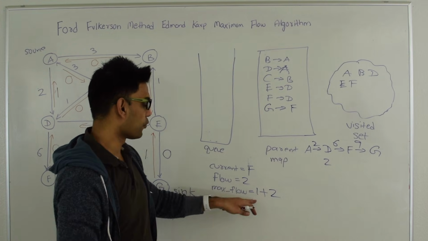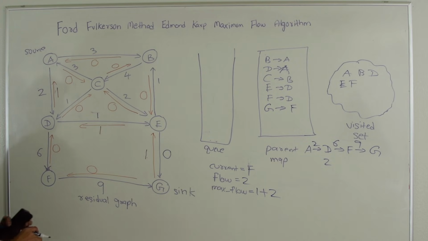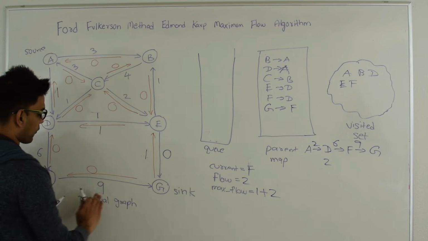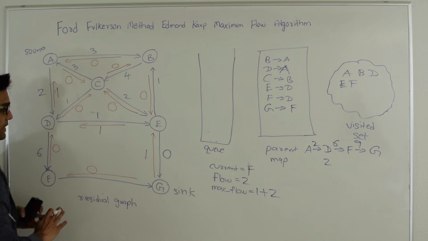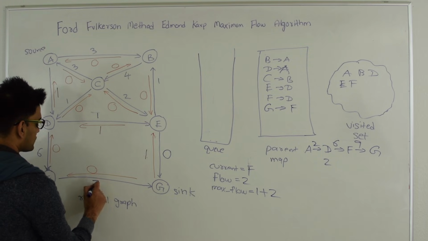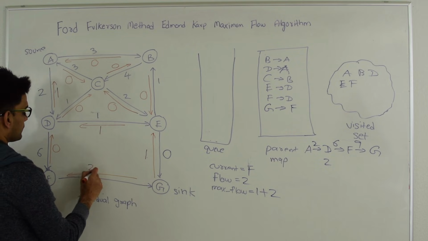So till now we have found 1 plus 2, 3 maximum flow. Also what we're going to do is subtract this flow in this direction and add it in the opposite direction. So 9 now becomes 9 minus 2, 7. So the residual capacity in this direction becomes 7, and the residual capacity in the opposite direction becomes 2.